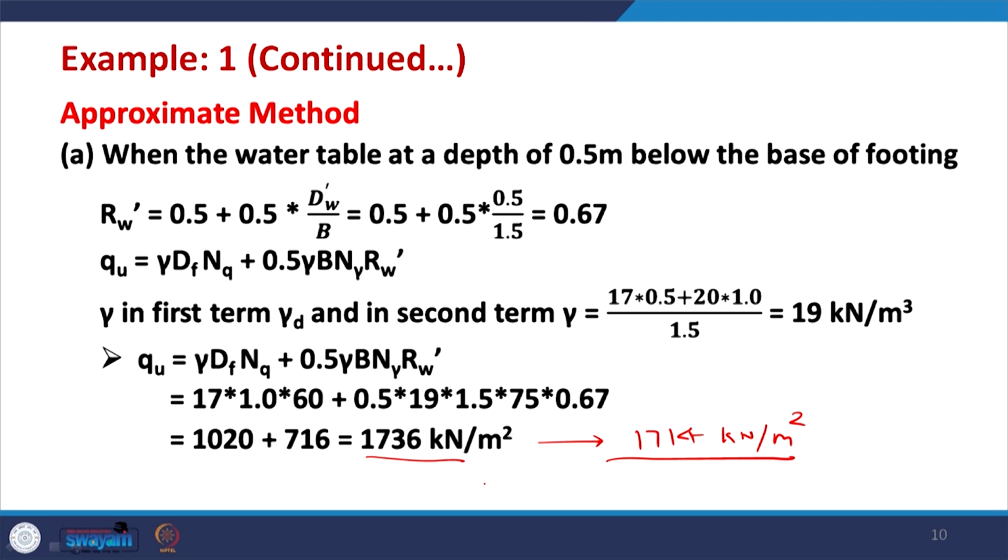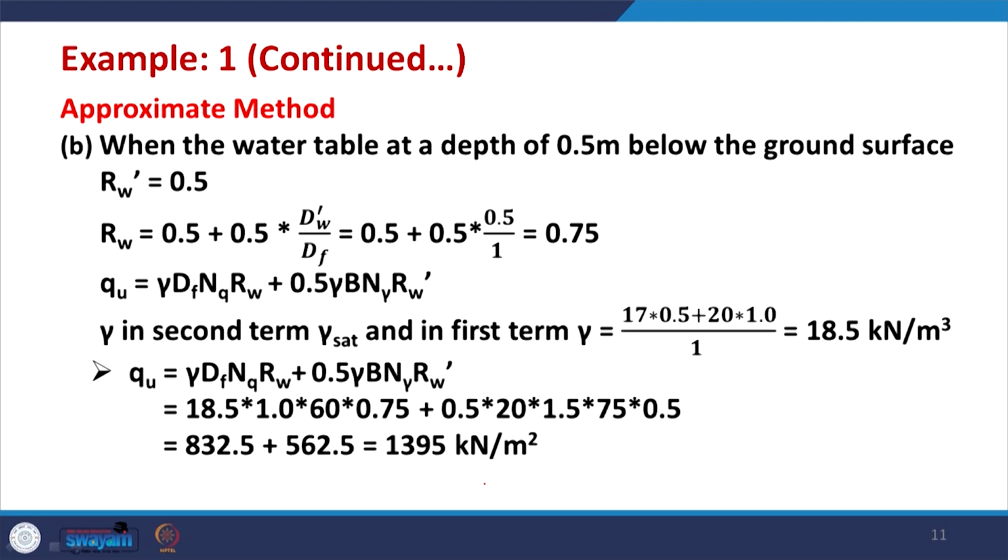The same was the case if you compare for the second case, when the water table rises further, which is what we call the B case. In this B case, as we discussed earlier, both the terms will get affected and the RW dash, this prime, will not be there, and as a result you have 0.75. For the second term you can find the value of gamma effective: 17 into 0.5 plus 20 saturated, and this value should be 0.5.